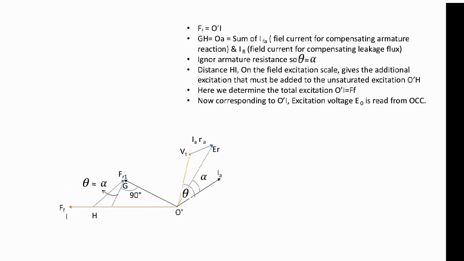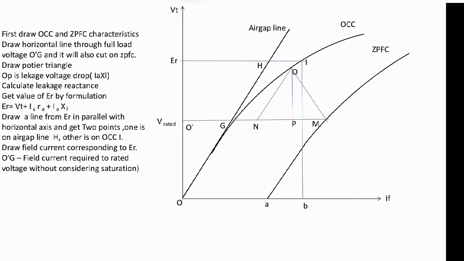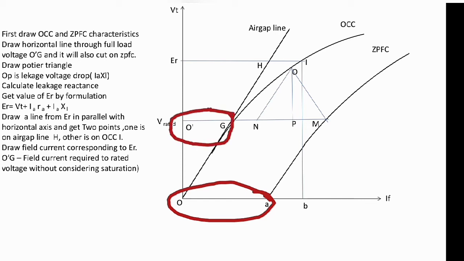So what is this O dash G? O dash G equals OA. In the previous slide we saw that OA equals O dash G. Here you see a small difference, because we are not so careful in drawing this, but O dash G and OA are almost equal.